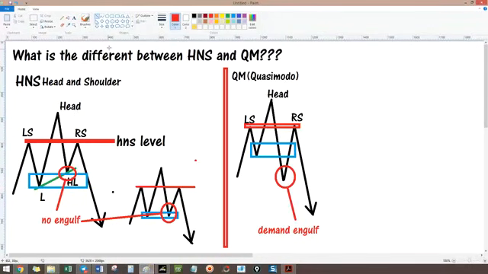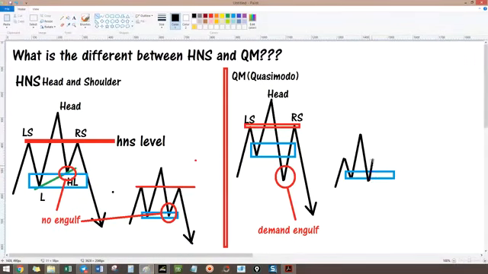Over here, you can also have a QM for something like this. 1, 2, 3, and then just a tiny engulf. For example, you have something like this. This is your demand zone. Okay, and then you have something like this. Oh, that's a tiny engulf, just one pip like that.